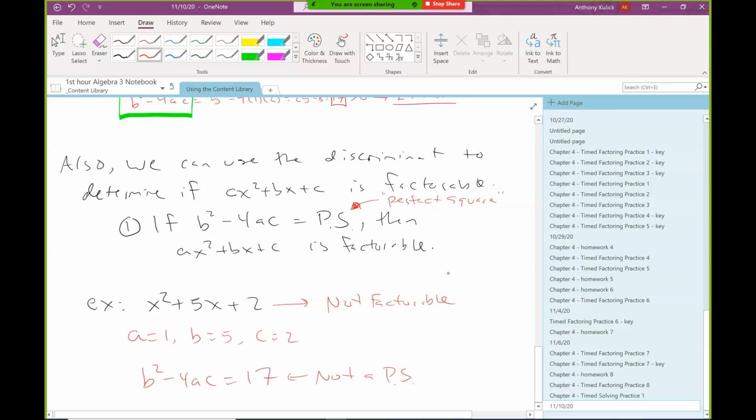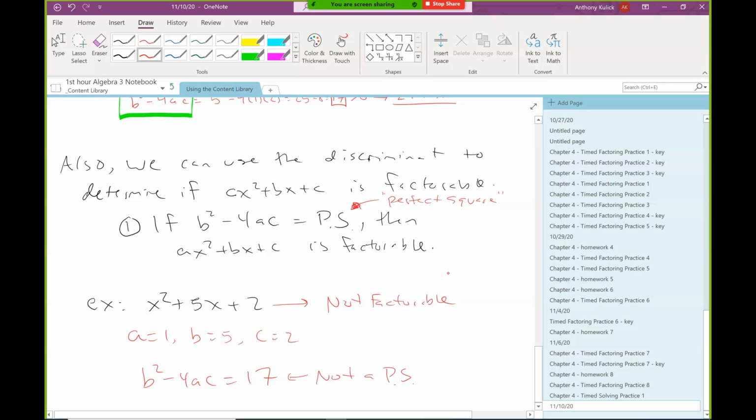And since that is not a perfect square, I can say immediately that that quadratic is not factorable. So this is a nice check right away, right? We can tell immediately with one little calculation whether something's going to be factorable or not.